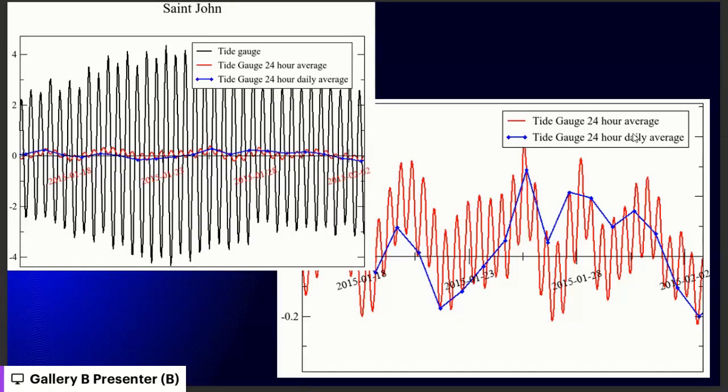Here we have... What you're really looking at, take a look at the blue line and the red line, and there's a blow up on the lower right there. If you were to take that 24-hour average and make it a running average, you can see that there's an oscillation in there. The oscillation is because the tides aren't matched with 24 hours.